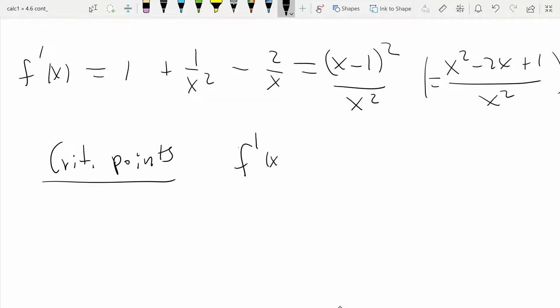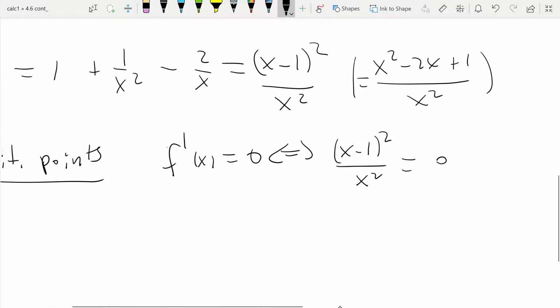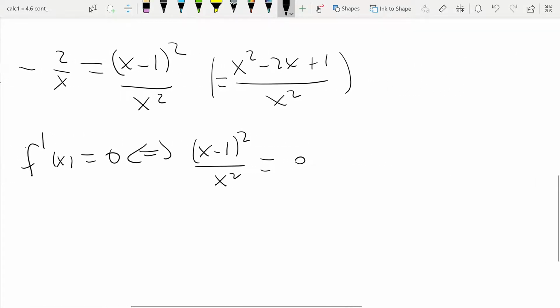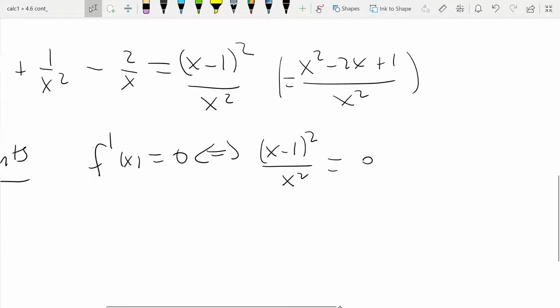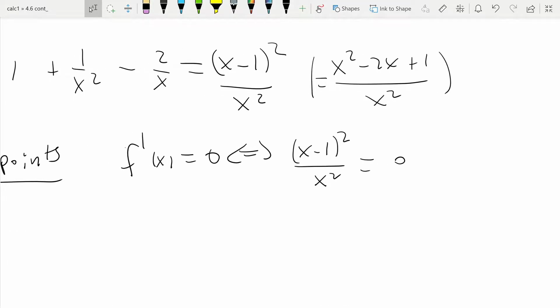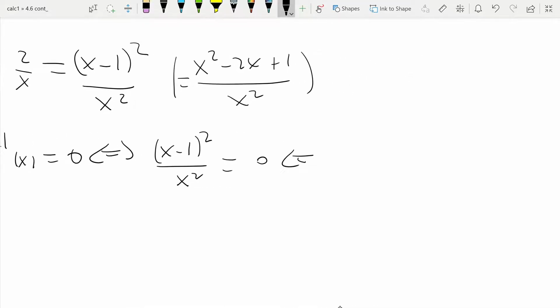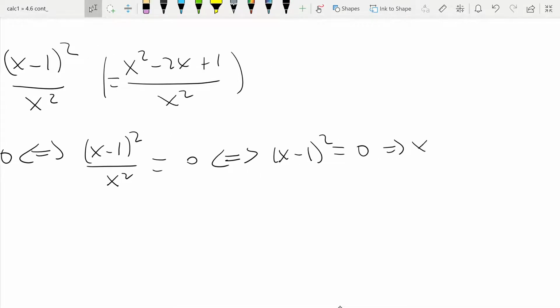F prime of x equals 0 if and only if x minus 1 squared divided by x squared is equal to 0. And we made this comment a number of times during the semester: a fraction can become 0 if and only if the numerator is 0. So if and only if this is equal to 0. So this gives us x equals 1 as the only critical point.